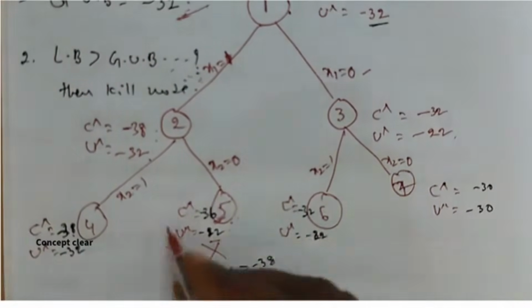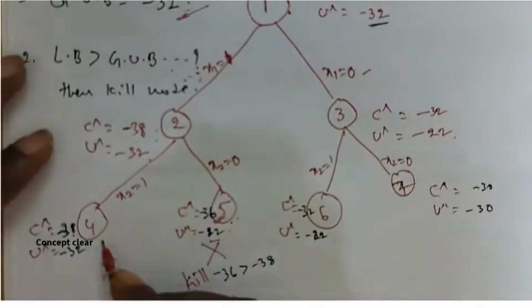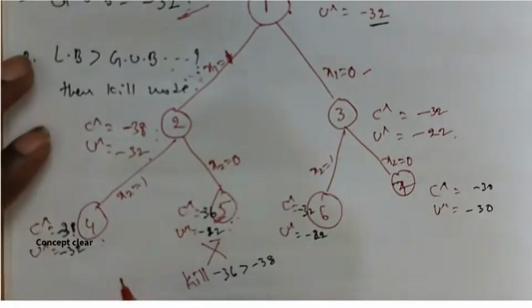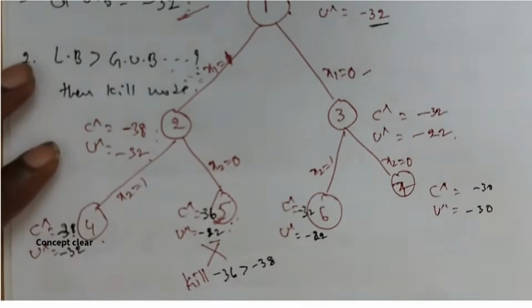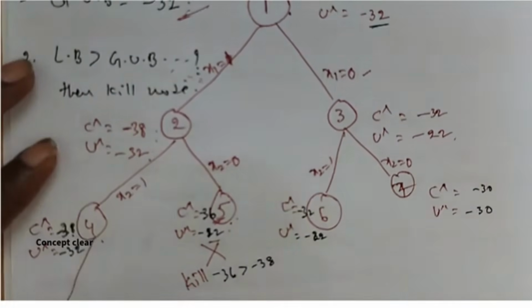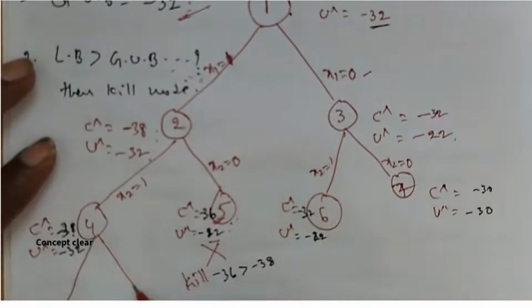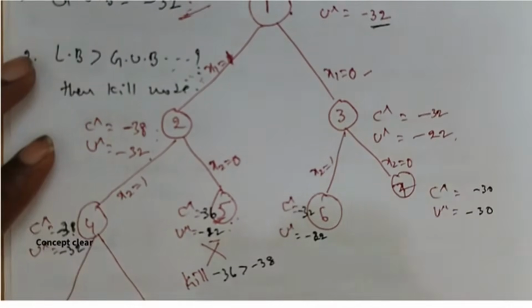Actually, forget this part. After 4 we have to expand this one to 8 and this one to 9. Here the lower bound value is minus 38 and the upper bound value is minus 32. And here the lower bound value is minus 38 and the upper bound value is minus 38.